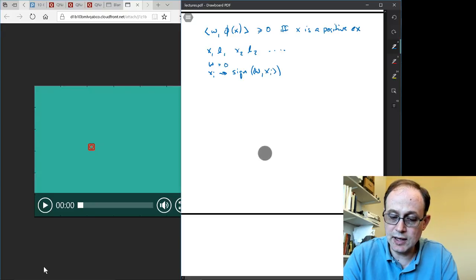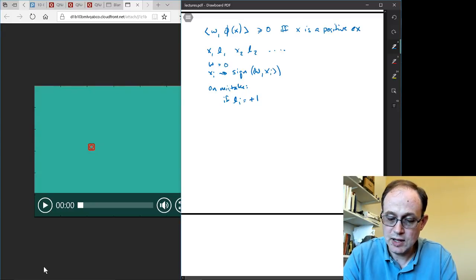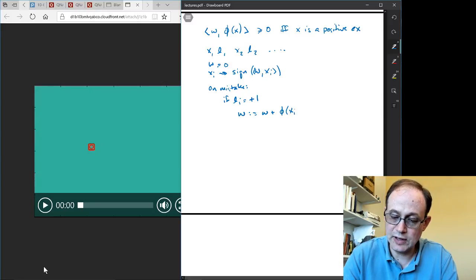And then on a mistake, if Li is positive, +1, it will say w gets w plus phi of xi.